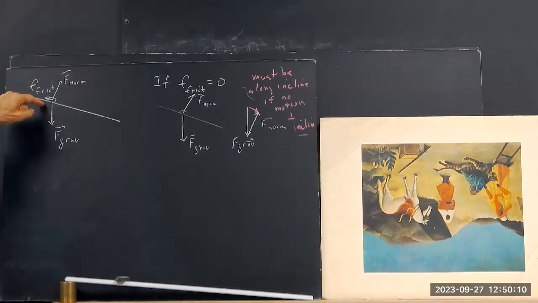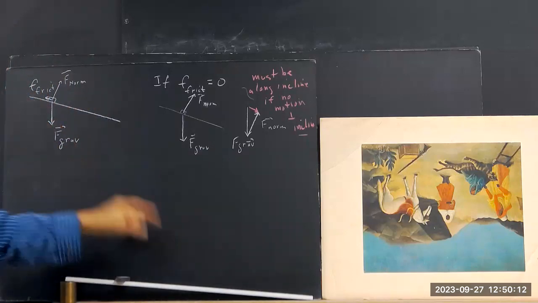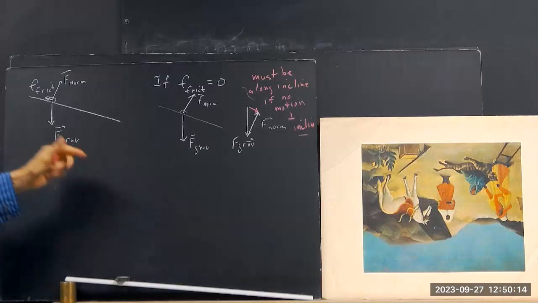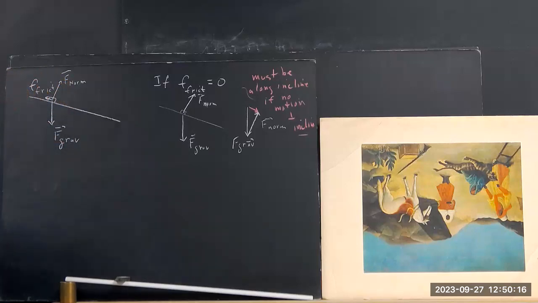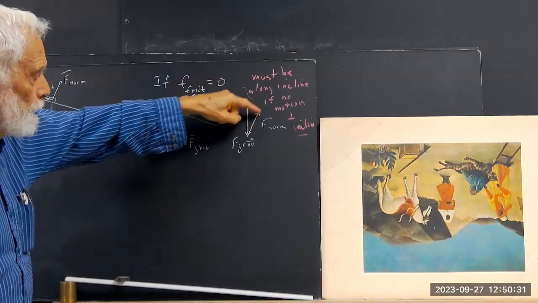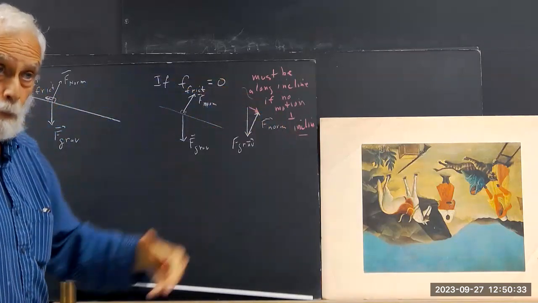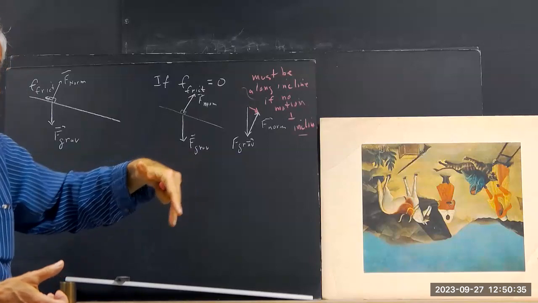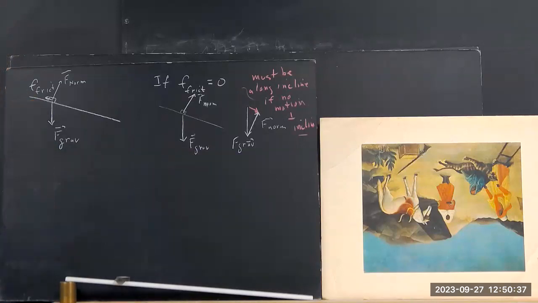So if this is a domino, right there is a picture of what you've got. The steeper the incline, actually the frictional force decreases as the incline gets steeper, as the normal force decreases. The resultant of the gravitational and normal force will continue to increase until it's greater than the frictional force.